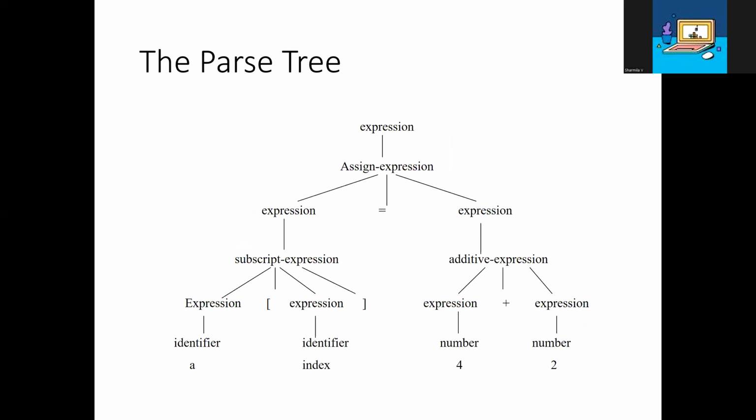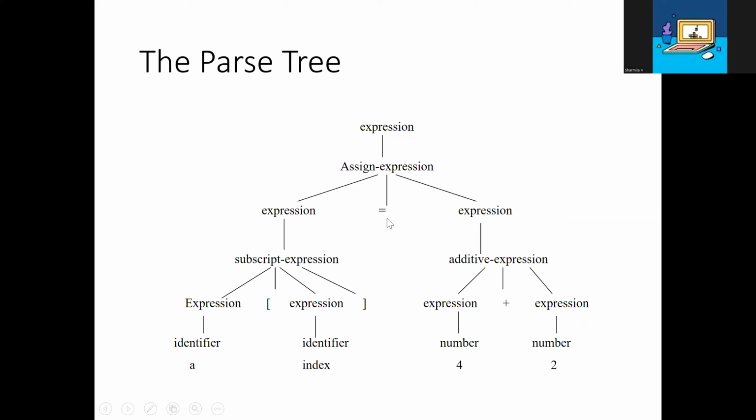For example, the parse tree is given for the expression A[index] = 4 + 2. How do we draw a parse tree? The expression is the assignment operator, equal to, with a left-hand side and a right-hand side. The left-hand side is A of index: A is the identifier, then the open bracket, then index is an expression, that is an identifier, then the close bracket.